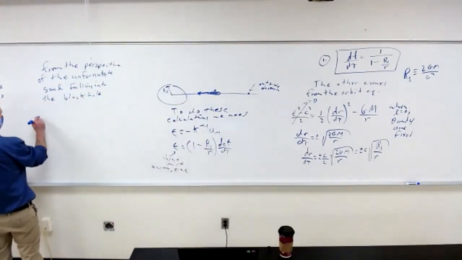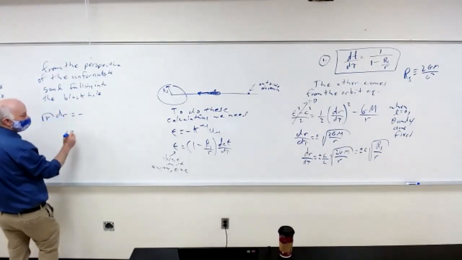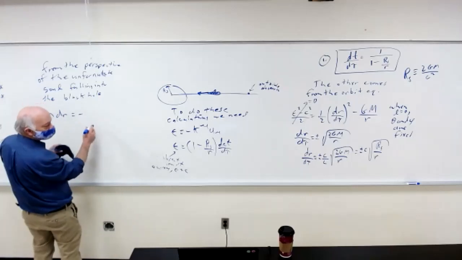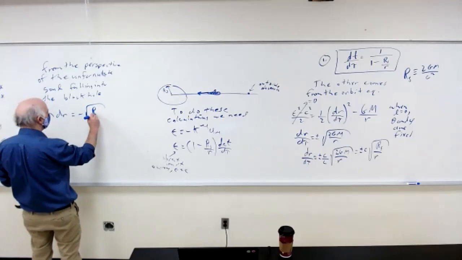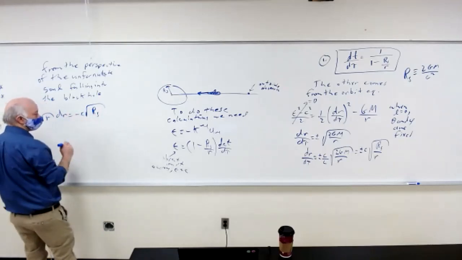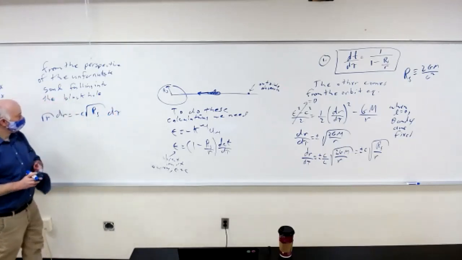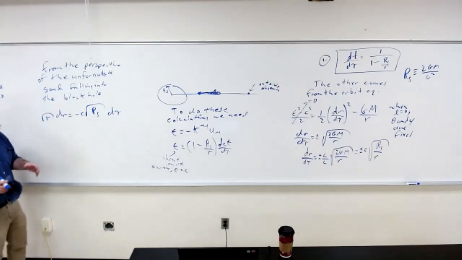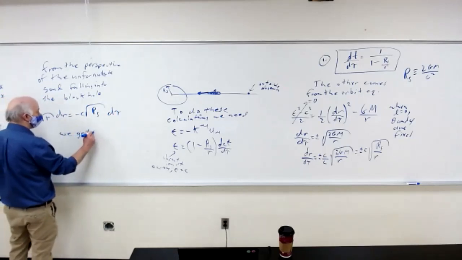So we took the square root of r to the side here. We had a minus here, and then the c over here. Here's the square root of this rs, here's that c, and here's your d tau. And then we integrated this, and then we get a finite time.